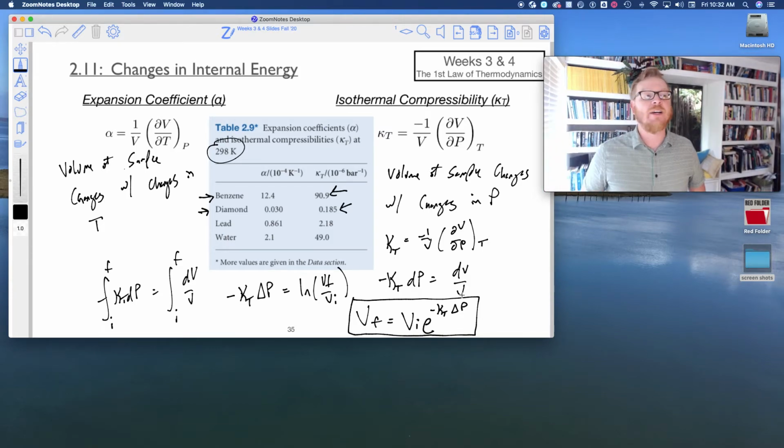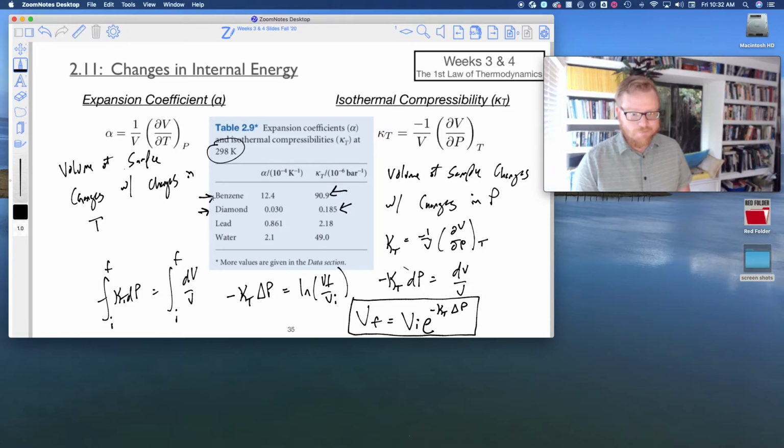You can shave like 10 milliliters off of a liter volume of benzene with 1,000 atm. That's kind of impressive when you think about it. We normally define these liquids as incompressible fluids, but given enough pressure, we can squeeze the hell out of these things. And obviously, benzene is a factor of 100 greater compression than diamond. Similarly, it's nearly 1,000-fold in the expansion.